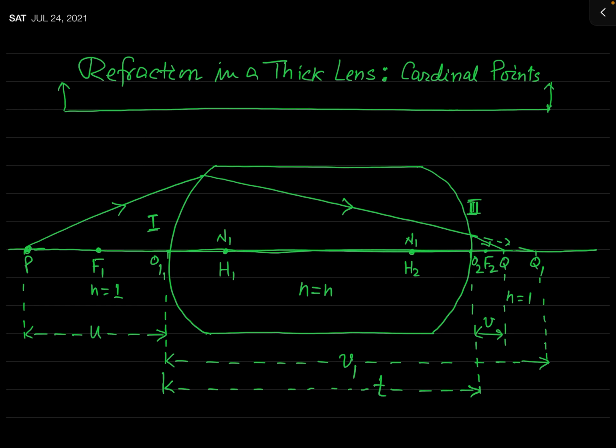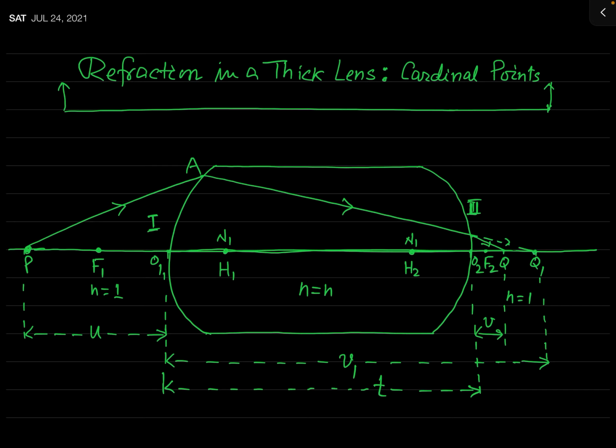In this figure, a light beam PA is incident on the first surface of the thick lens and gets refracted. If you want to know the position of the image formed by refraction at the first surface, you have to assume that there is no second surface. This is just a technique. If you consider that there is no second surface, then the refracted ray from A will meet the optic axis at this point Q1.